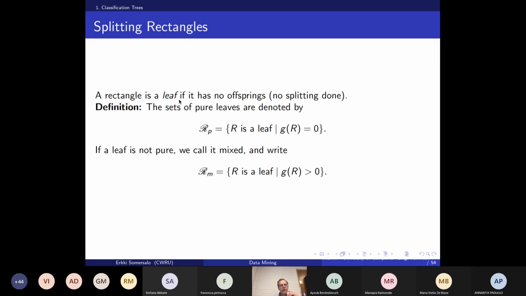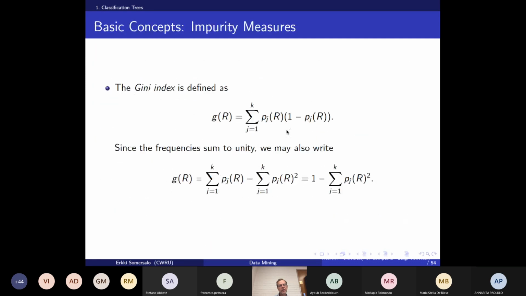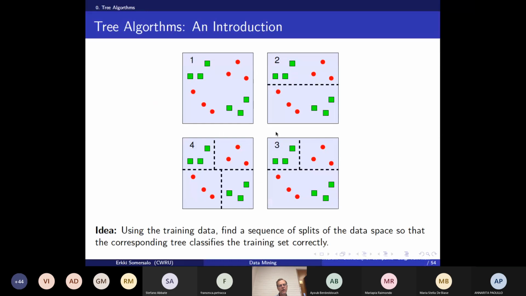And so then I'm also defining a pure leaf. A pure leaf is a leaf that has the Gini index equal to 0. Again, let's go back here. In this case 3, when I have not split all the way to the case 4, I have two pure leaves.